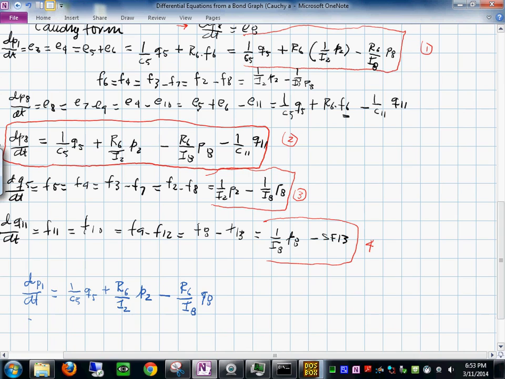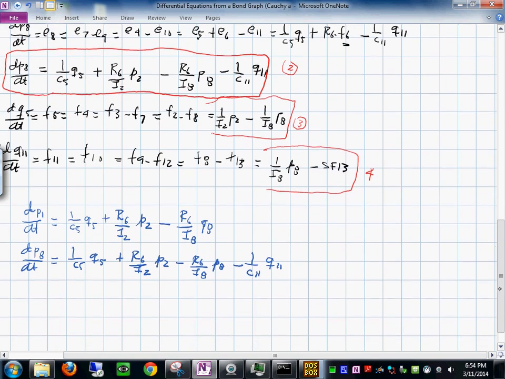This other one, dP sub 8 dt, is equal to 1 over C sub 5 Q sub 5 plus R sub 6 over I sub 2 P sub 2, minus R sub 6 over I sub 8 P sub 8, minus 1 over C11 Q11, like that.